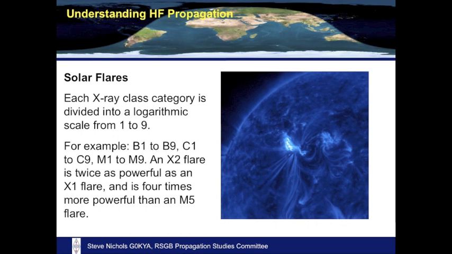And within each X-ray class category, they're divided up into a logarithmic scale from 1 to 9. So therefore an X2 class flare is twice as powerful as an X1 flare, which again in turn is 4 times more powerful than an M5 flare. So if you hear any discussion about solar flares, they're usually given a letter category, and it's the X-class flares that are the worst.